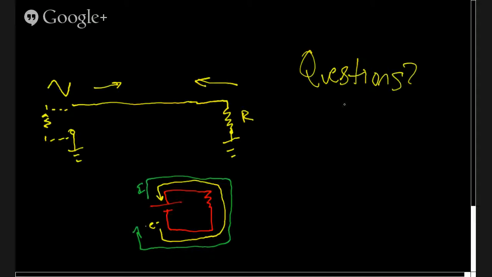And the answer is convention. It's just, you know, they made a guess. They said, okay, this is positive and this goes this way, but the electrons are actually going this way.